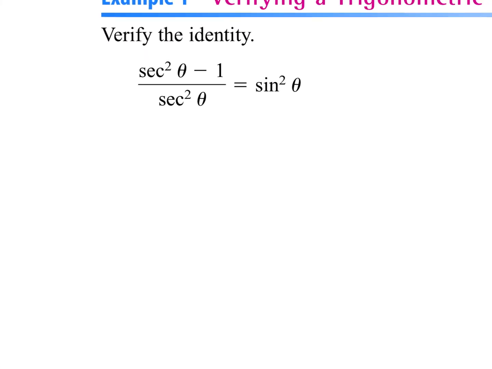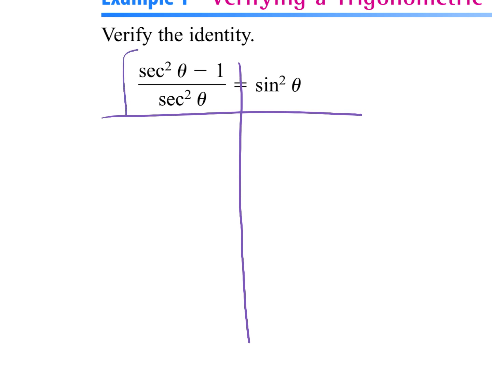So looking at example 1, I'm going to put a line down the equal sign. Which side do you think we would want to work with first? The left side, because it's more complicated. It's going to be easier to simplify the more complicated side than it would be to expand. Our goal is to simplify this and make it sine squared.